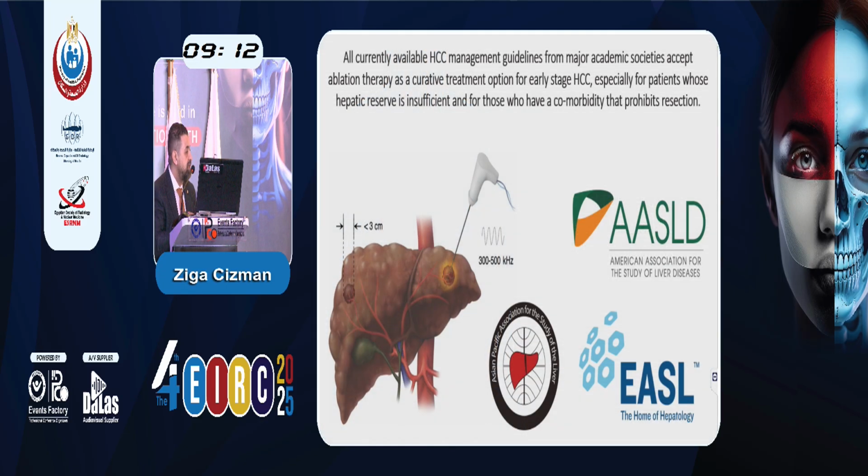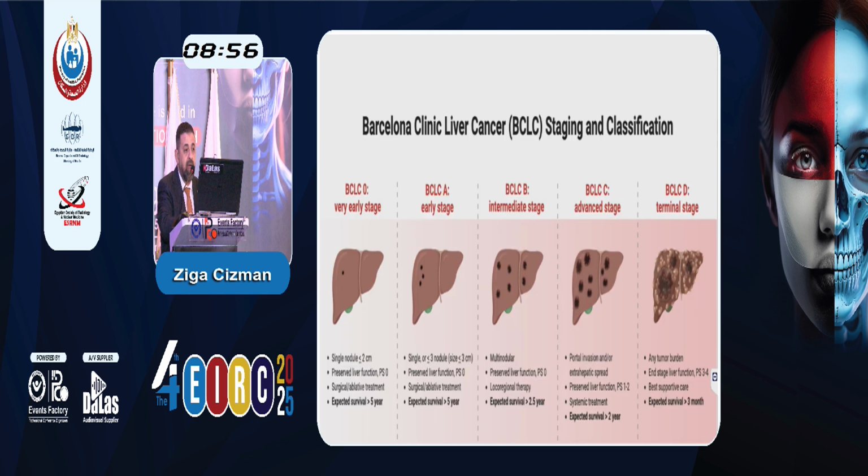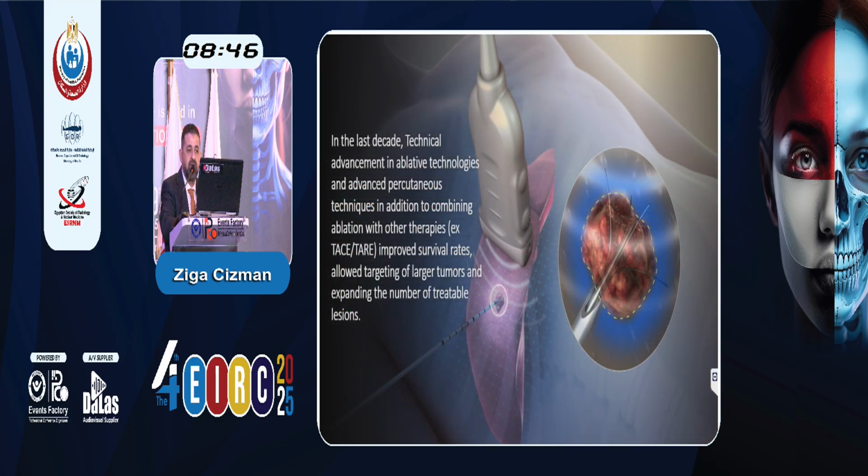All the academic societies and all the guidelines accept ablation as a curative modality, especially for patients with a poor hepatic reserve in whom operation could not be done. In the well-known BCLC classification, in very early stage BCLC, we consider ablation for the treatment.